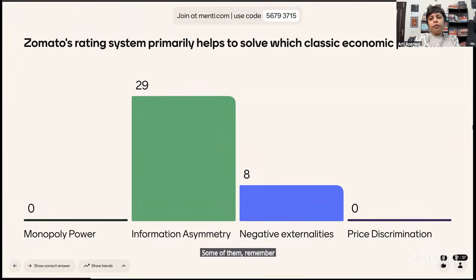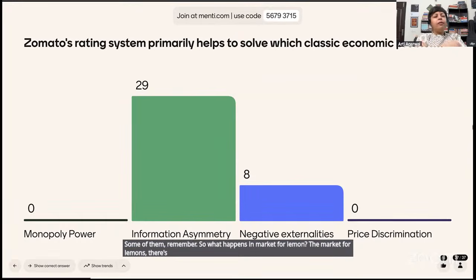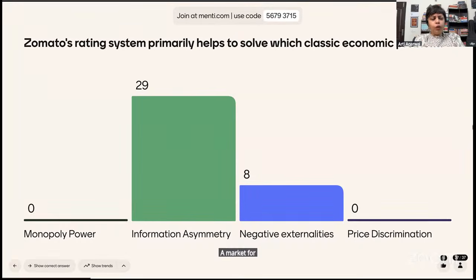So what happens in the market for lemons? There's a market for used cars, right? And the problem is that the buyers don't know which car is a good car and which car is a bad car.